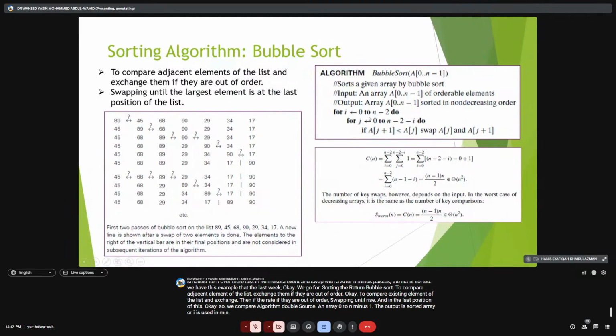For i from 0 to n minus 2, for j from 0 to n minus 2 minus i. Here we have this one.